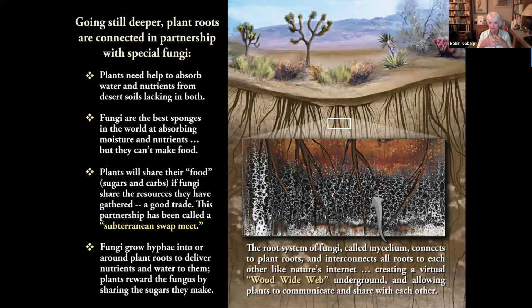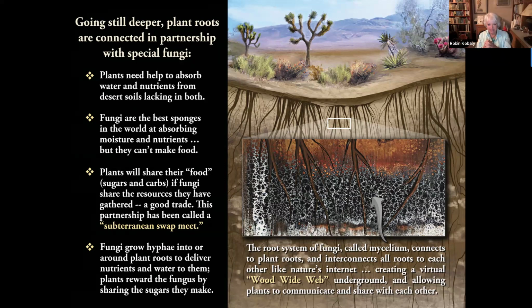They both benefit. So apparently, from what we surmise, fungi wanted to actually climb out of the water, but they needed to combine with plants in order to spread out over the earth.